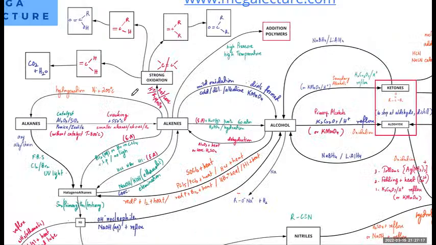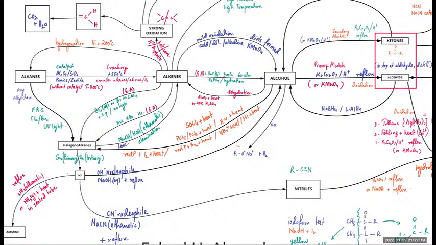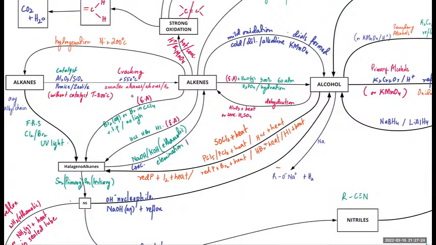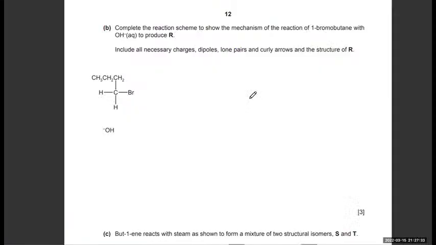Let me add here what I missed, the plus heat. Okay, it's saved. So for the OH-, first we have to show the lone pairs. Carbon is partial positive and this bromine is slightly negative. The OH will attack from the other side. It's going to attack that positive carbon.